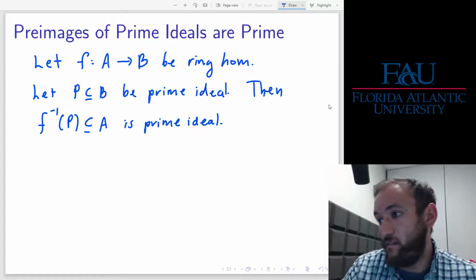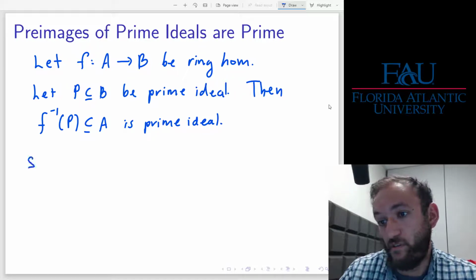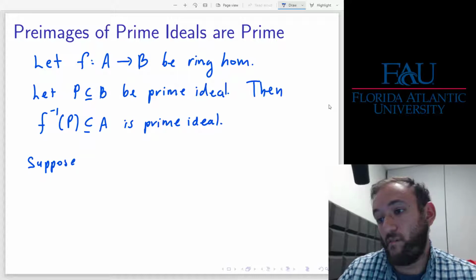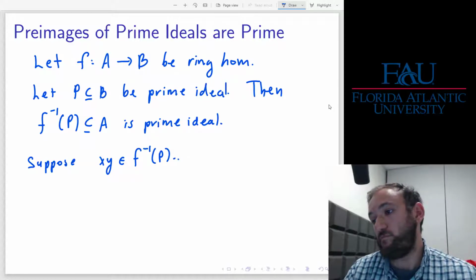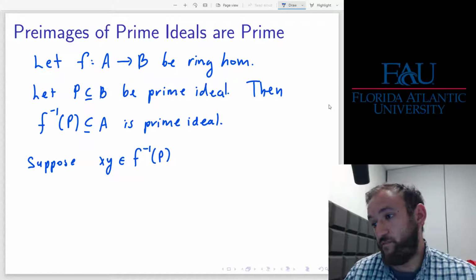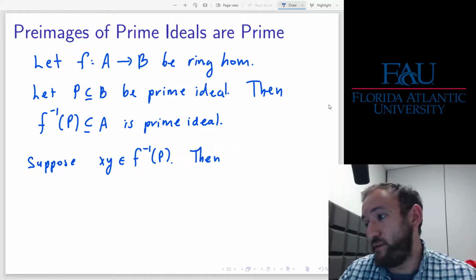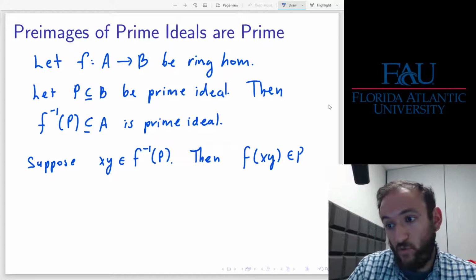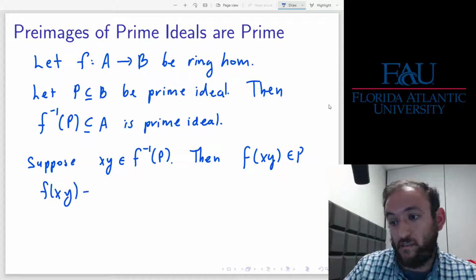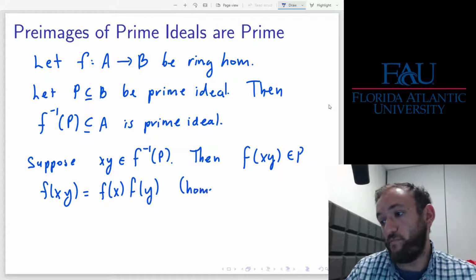You can see that simply by examining a product in f inverse of P. So suppose xy is in f inverse of P. Then because it's in the preimage of P, if I apply the homomorphism f to it, f of xy is in P. By properties of a homomorphism, f of xy is equal to f of x times f of y.